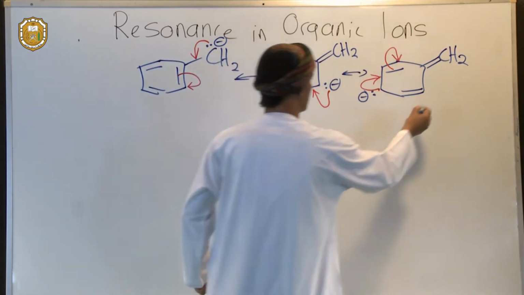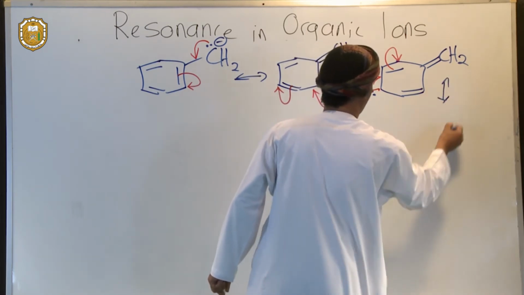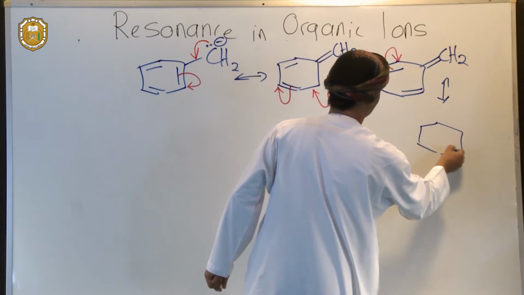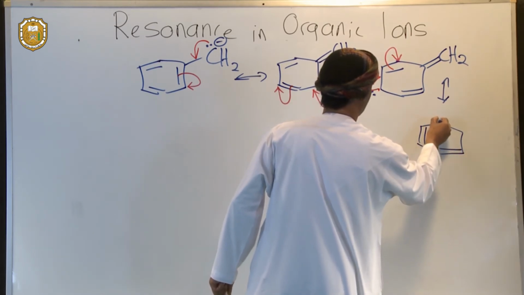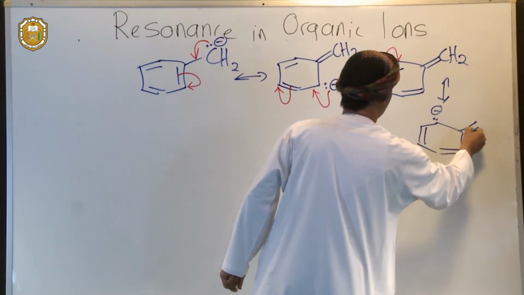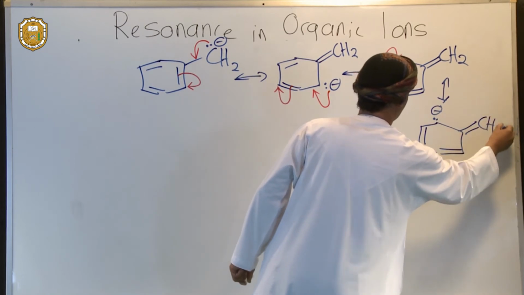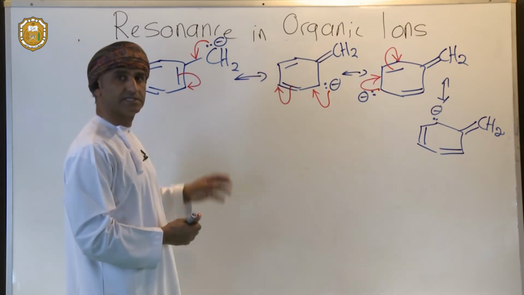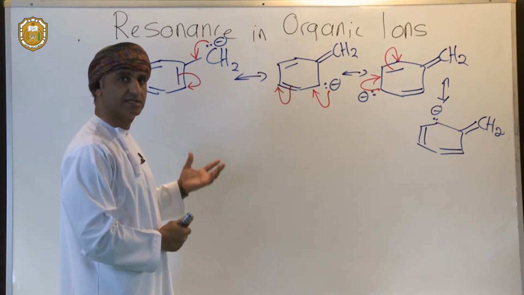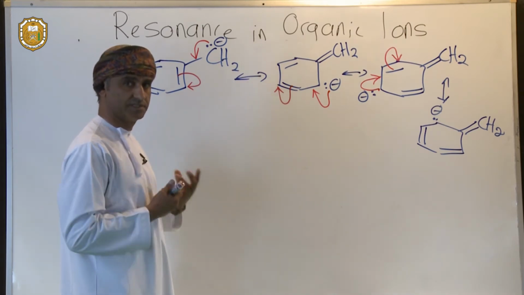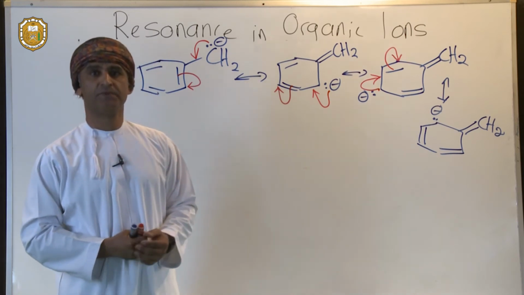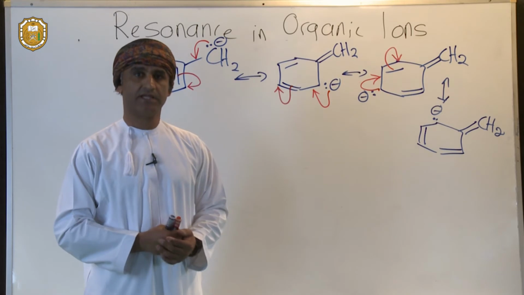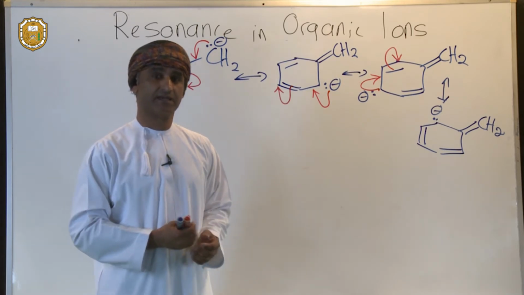If we do that, we get this last resonance structure. So there are therefore 4 resonance structures in this benzylic carbanion, which suggests that the benzylic carbanion is stabilized by resonance.